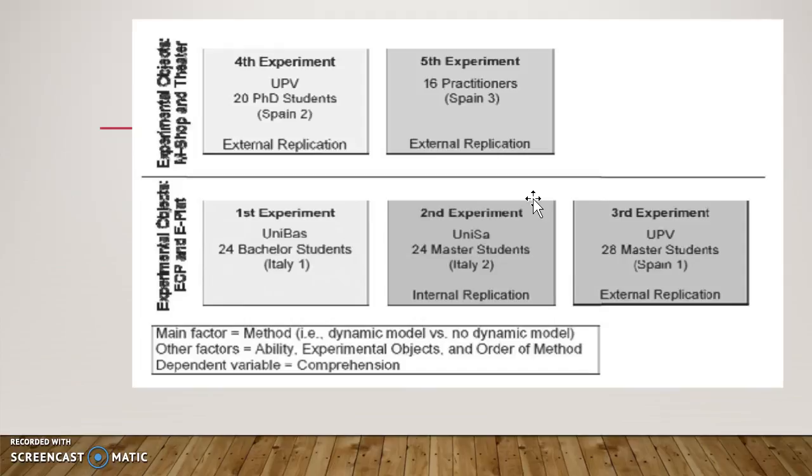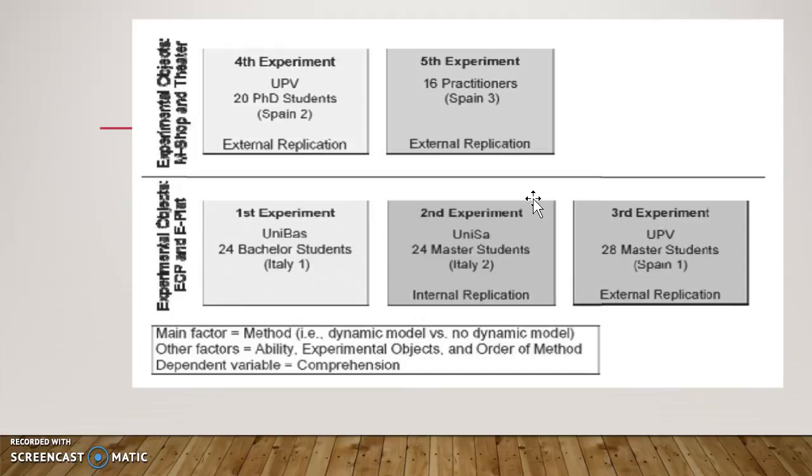The second and third experiments were differentiated replications of the original experiment in different settings with different participants. In particular, Italy 2 was an internal replication, while Spain 1 was an external replication.